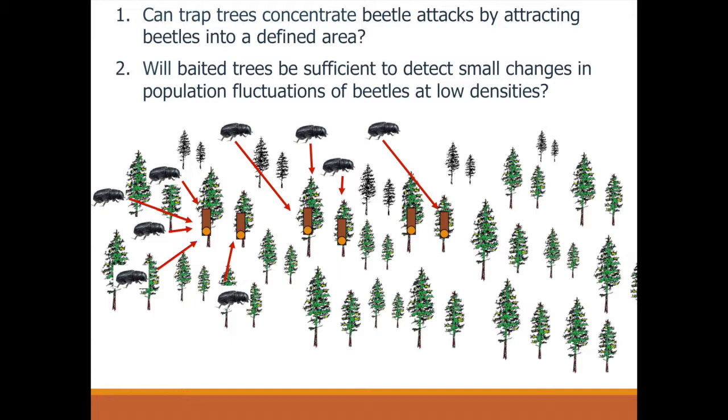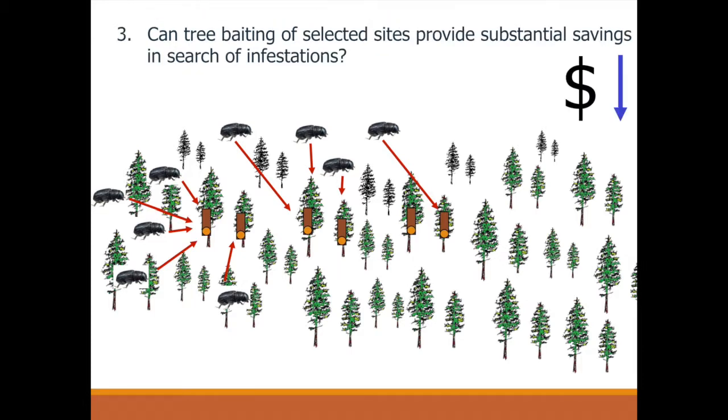And will this protocol be able to sufficiently detect small changes in population fluctuations of beetles while they're at these low densities? Will we be able to detect that with this? The third research objective essentially is, can the baiting of selected sites provide substantial savings in search for infestations as compared to aerial surveys?